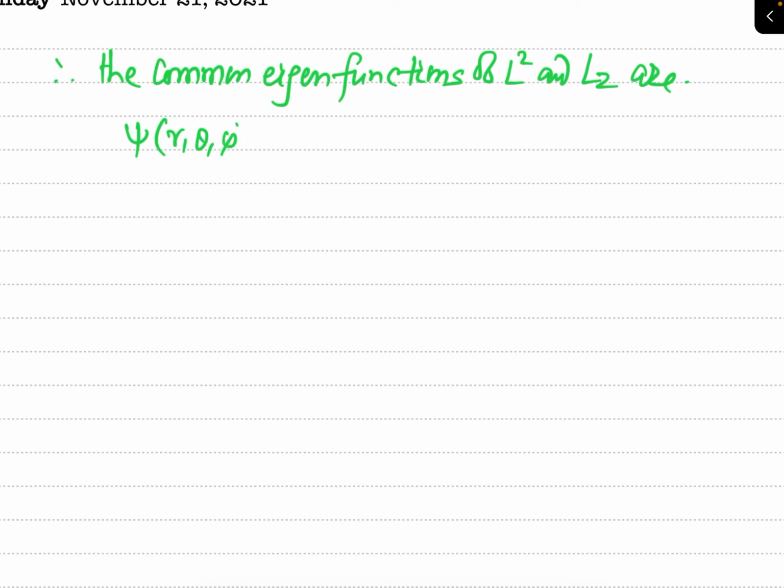And let us see what that will be. So therefore, the common eigenfunctions of L square and Lz are, you may write like this: psi of r, theta, phi equal to an arbitrary function of r, f of r, and Y_LM(theta, phi).